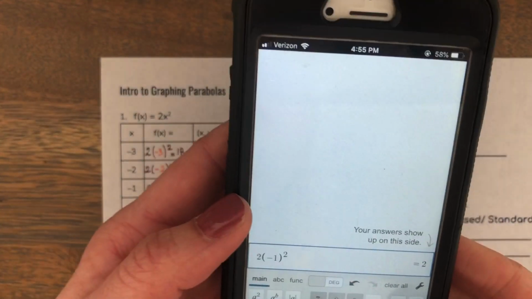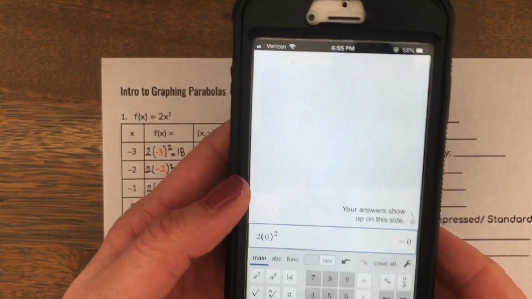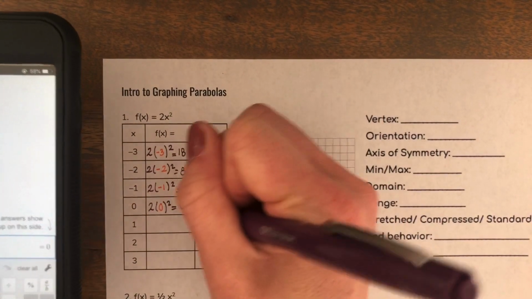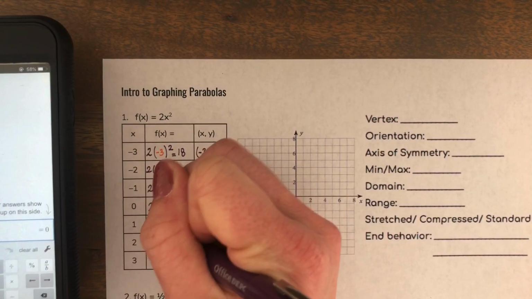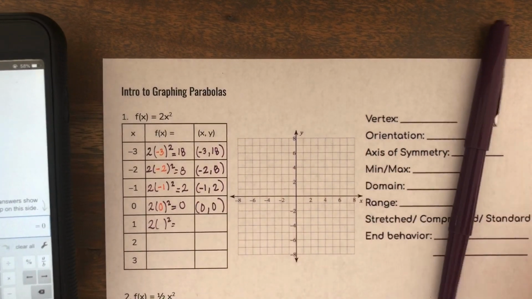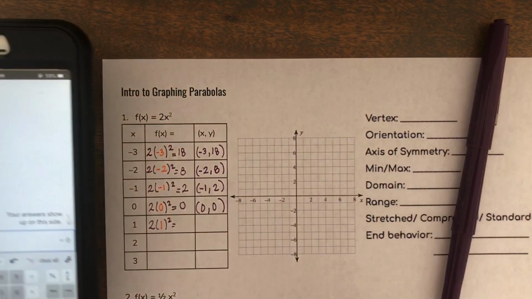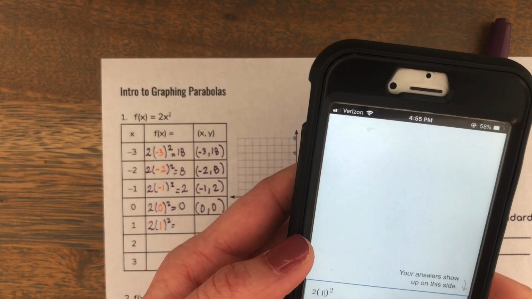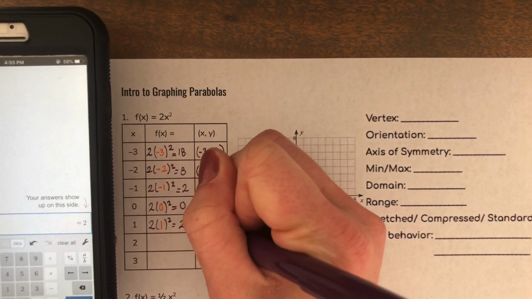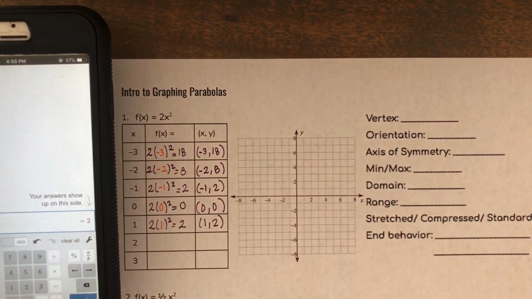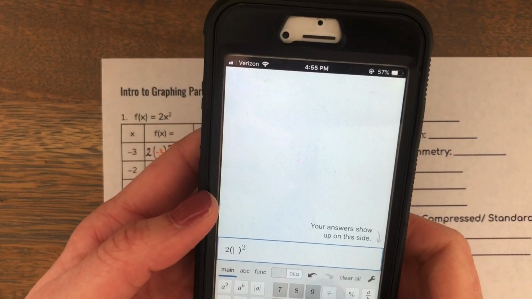So I'm going to change the negative 1 to a 0, and it gives me 0. So this is 0, 0. And then plug in positive 1 now. Change that. It gives me positive 2. So that ordered pair is going to be 1, 2. Now change it to positive 2.